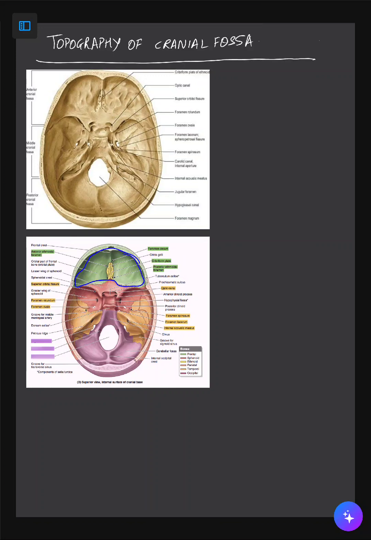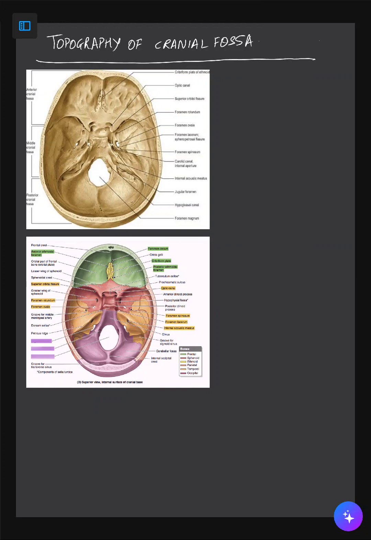And if there is any injury, blood may come into the eyelids, because of which there would be a black eye appearance. Now, all this was about the anterior cranial fossa.